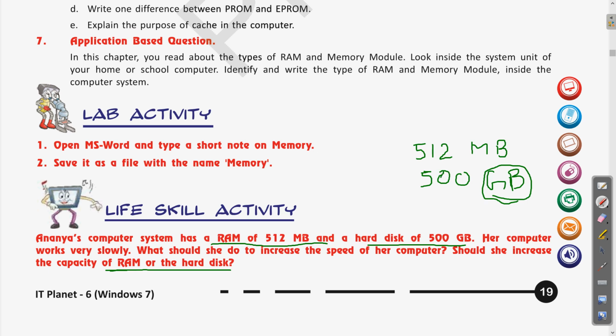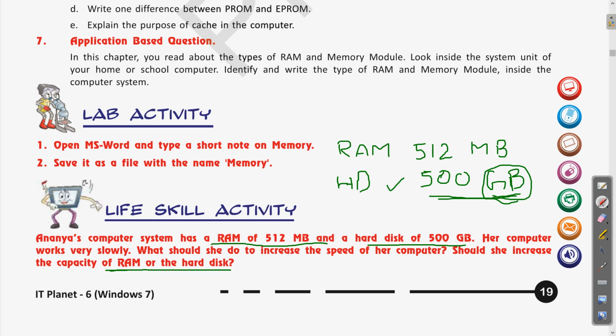So the hard disk is very sufficient to save all the things. It means that Ananya's computer hard disk is sufficient to store a large amount of data, so it does not need to be increased. Clear? The hard disk is 500 GB and it is sufficient. But the RAM inside her computer is only 512 MB. Clear?